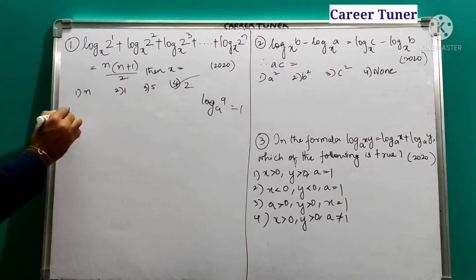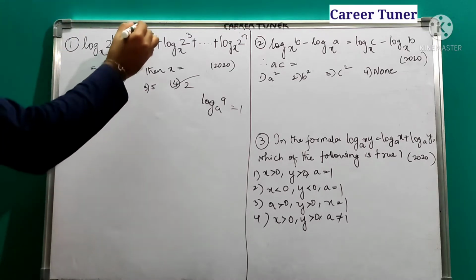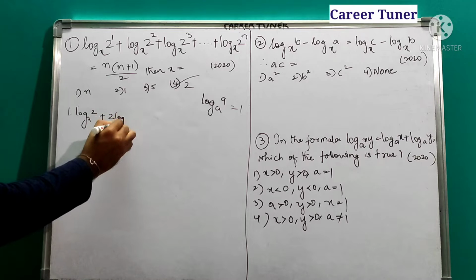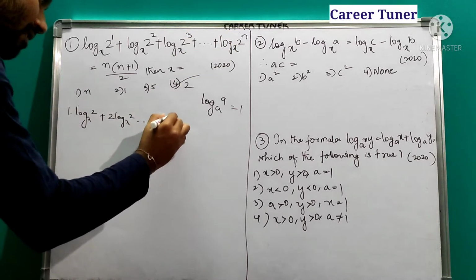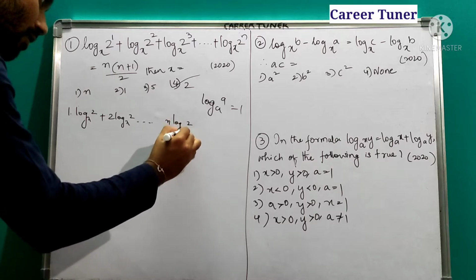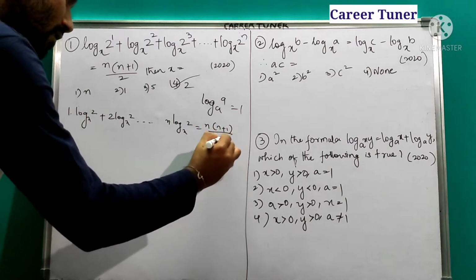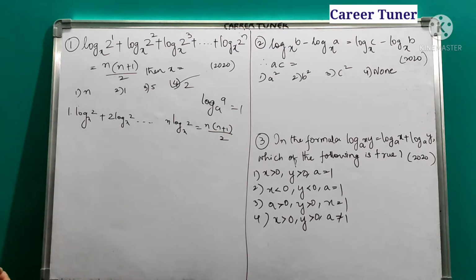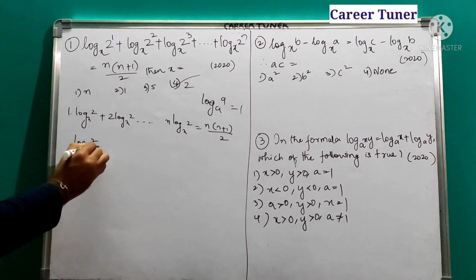Now see here, 1 into, this is a power. The power comes to the front side: log 2 base x plus, next power, log 2 base x, and so on, then n log 2 base x is equal to how much? n into n plus 1 by 2. Now if you see what is common among all this, log 2 base x is common.